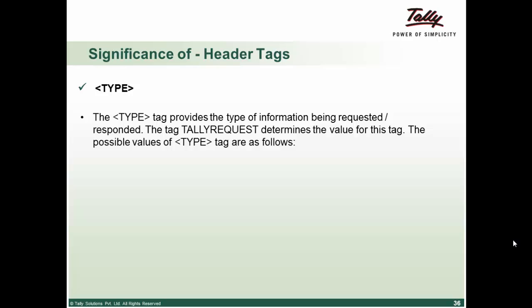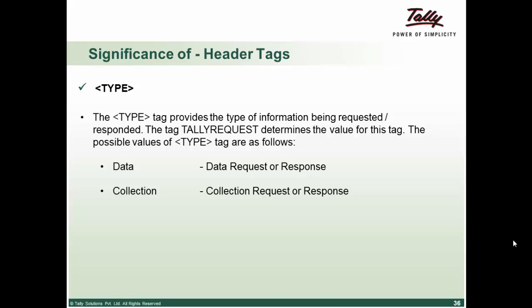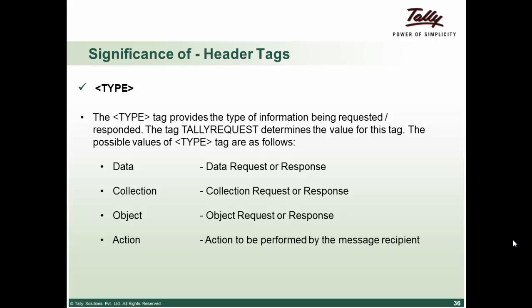What you write at the Tally request tag decides what values this tag will have, and the values allowed here are: data for request or response, collection for request or response, object for request or response, action that needs to be performed by the message recipient, or function that requests to execute the required function.